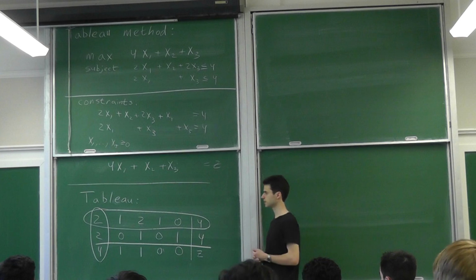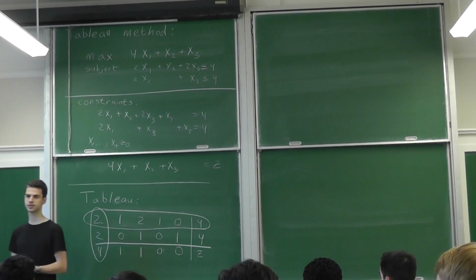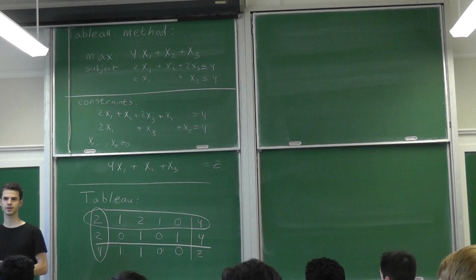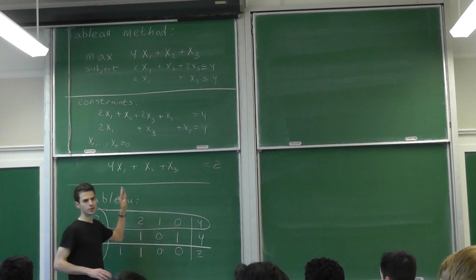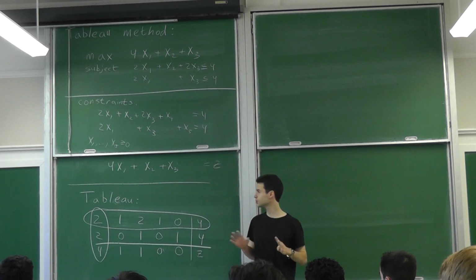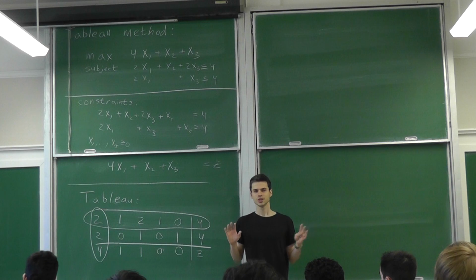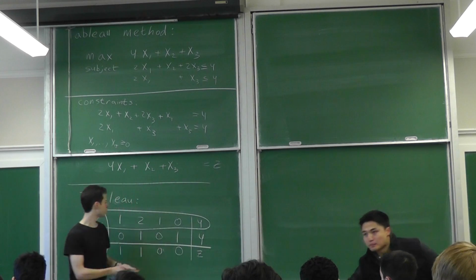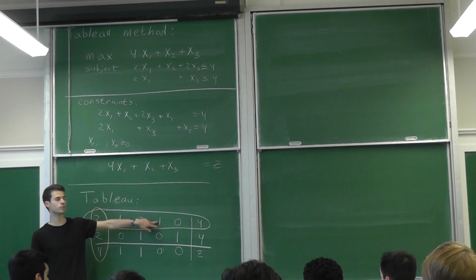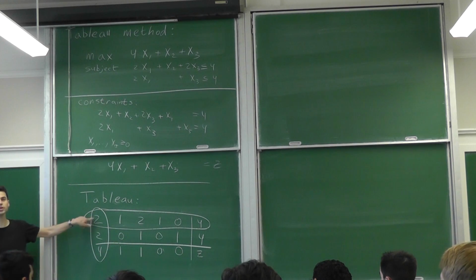Okay, next, I'll try to make this variable basic. What does it mean? Usually we could think of it as trying to express one variable in terms of the others. Here, being the basic variable means you have a column like this, 1, 0, 0. So let's make this column 1, 0, 0.